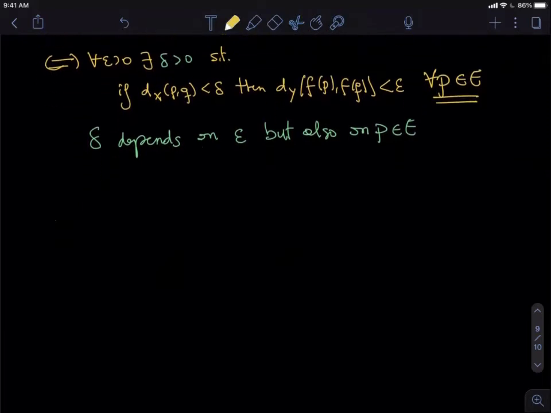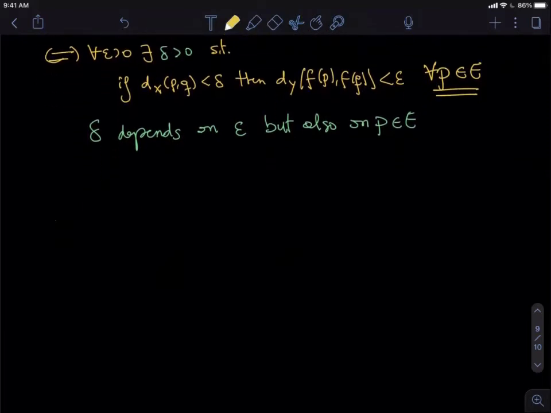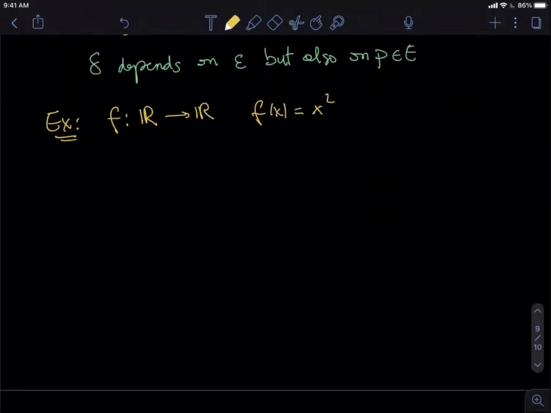Let me explain with a picture. Let's say, just to keep things simple, let's work with real functions. And let's take the function x squared. Now for this function, let me just graph it.